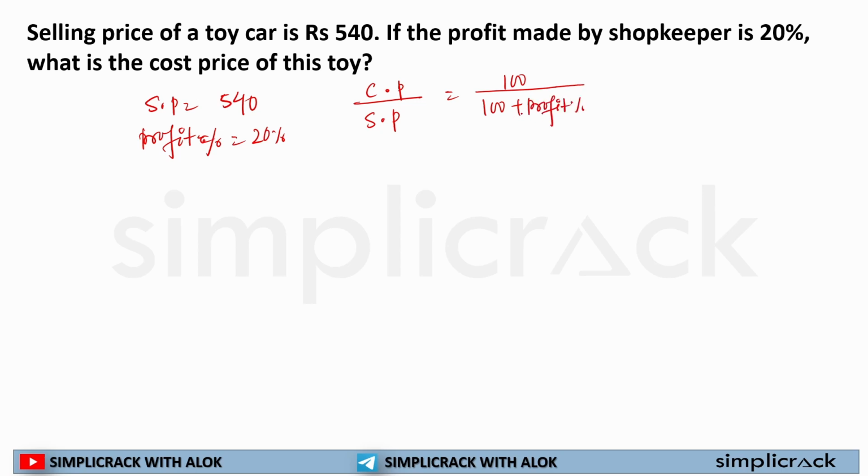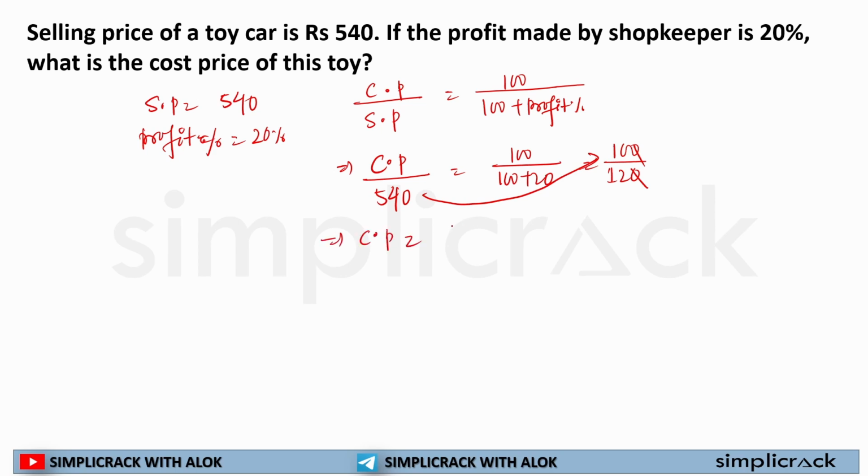In case of profit it will be plus, in case of loss it will be minus. So here we do not know cost price, and selling price is 540, so cost price by 540 is equal to 100 by 100 plus 20, it will be 100 by 120, 0 will cross out. Now 540 will cross multiply here.